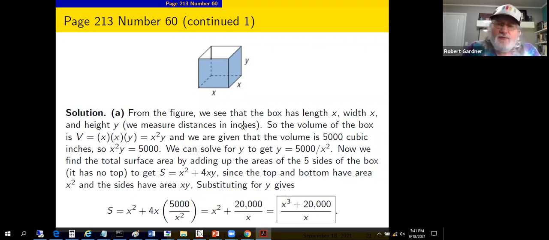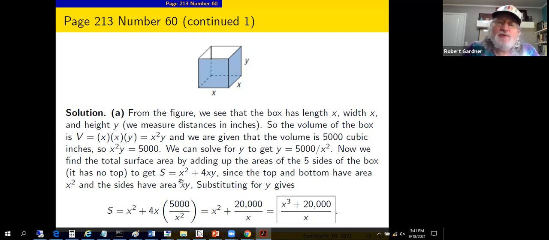We want to find the total surface area. Well, the surface area would be the bottom of the box, which is x squared in area, plus 4 times the area of the sides. The sides are x wide and y tall. So the surface area of this front face is x times y. The surface area of all 4 of those faces is 4xy.